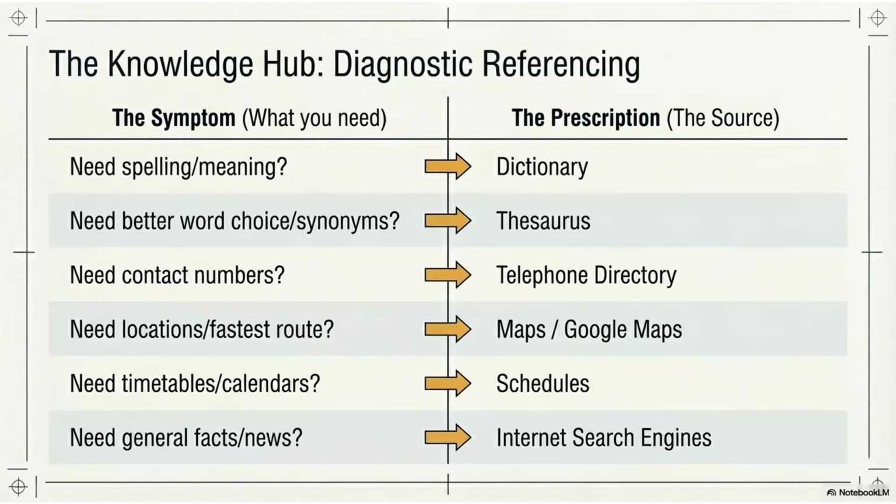You need a phone number, you use the telephone. You need a location, a map. You need a timetable, a schedule. You need any kind of news or fact, you can just use an internet search engine like Google.